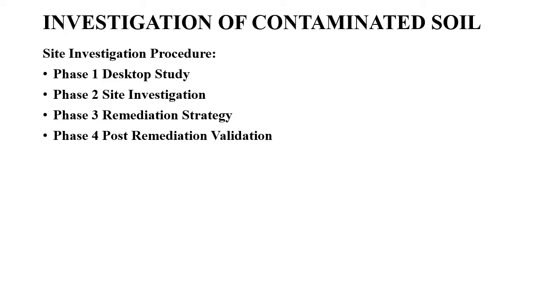Now, in the case of a contaminated soil, a site investigation procedure becomes necessary to understand what are the types of contaminants which have caused contamination in that area, and what is the extent of contamination that it has caused. That is, how far the contaminants have transported into the other surrounding areas, and what is the extent of that contamination caused by the different contaminants.